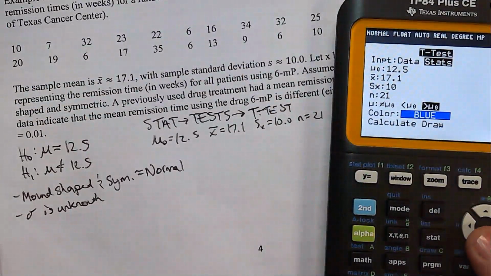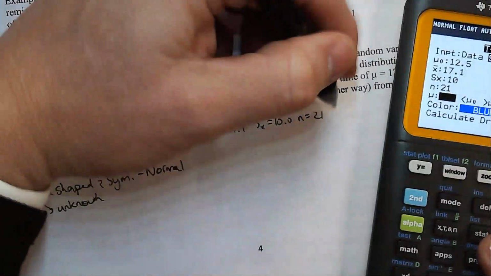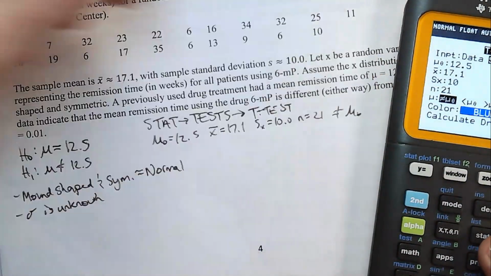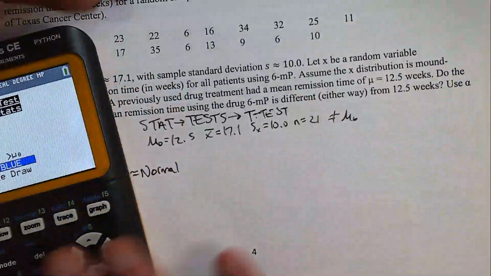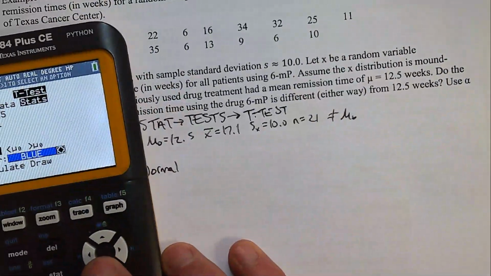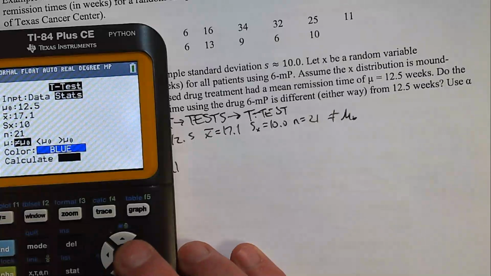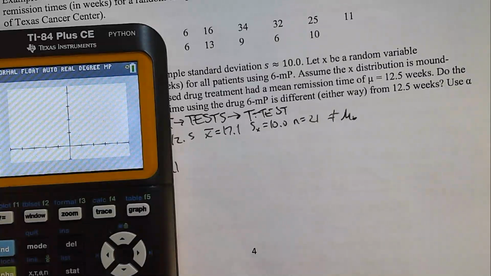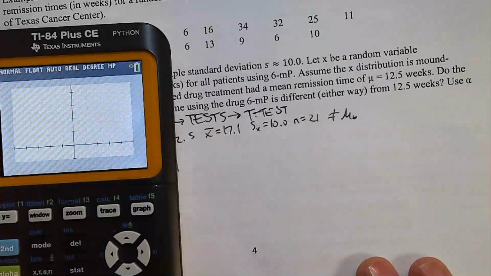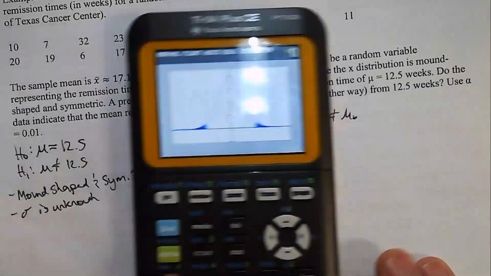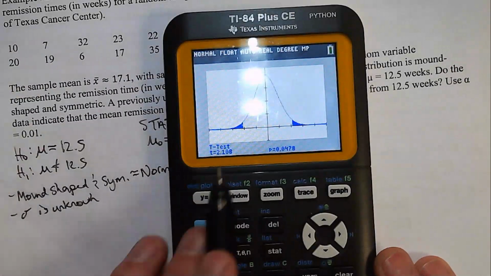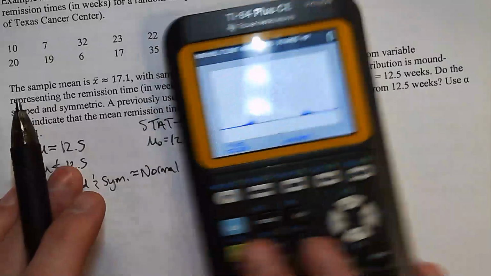And then in this case, it's not equal to. I'm going to do the draw function again. I like the draw one. Notice on this one that it's different, so it's not equal to. So it's a two-tailed test because both tails are shaded.